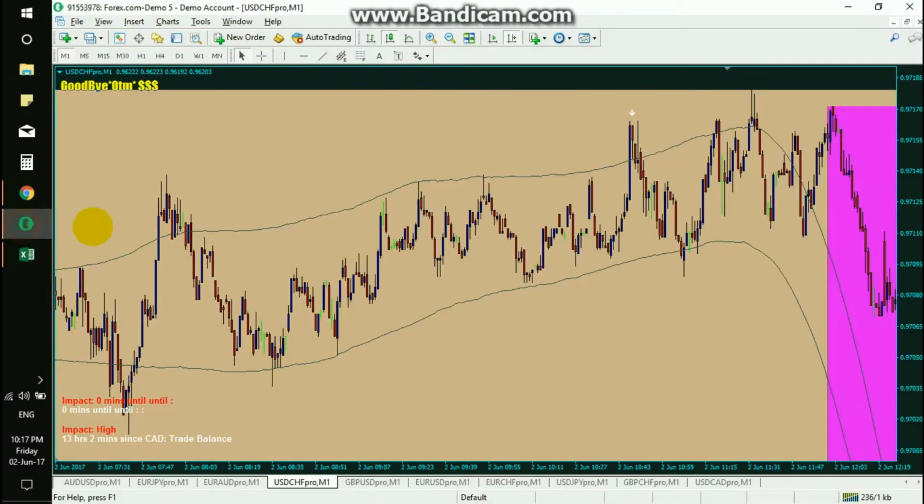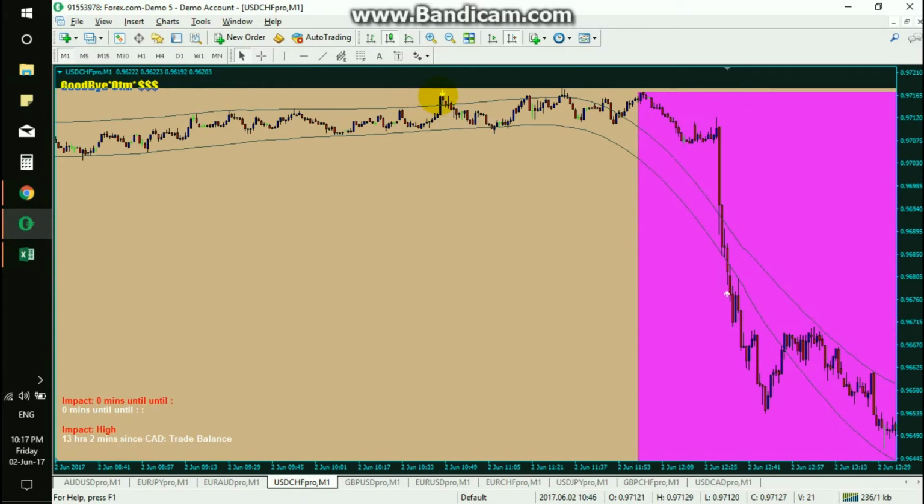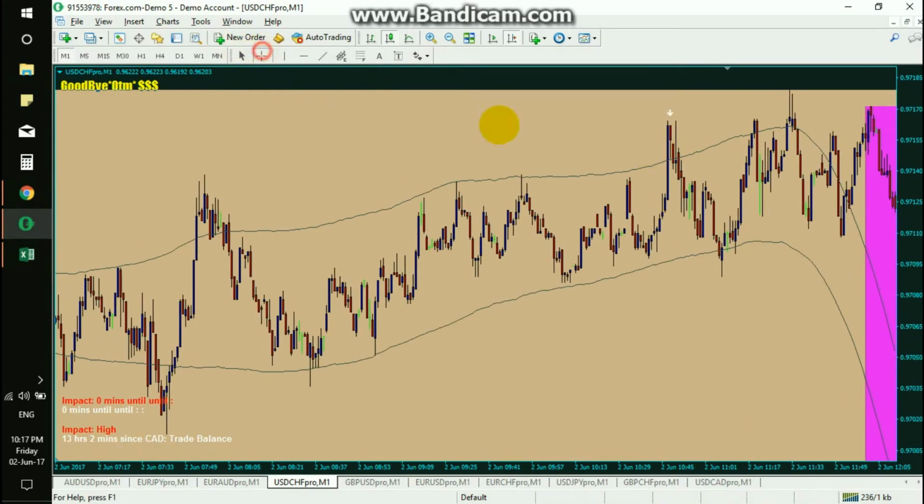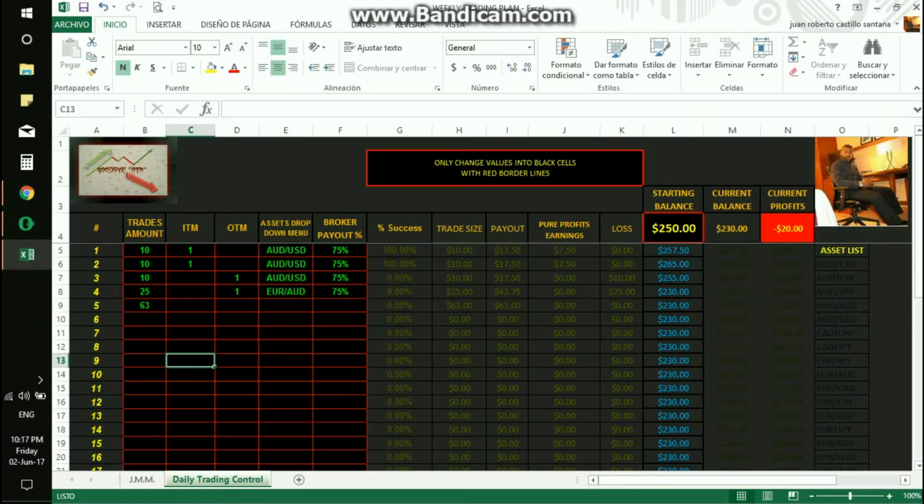Go to the chart and check where this amazing signal is going to take us. For example, beautiful, the sound alert, arrows outside, candlestick outside, deeply ITM, and this $63 will cover. What asset was that? It was USD CHF with a 75 payout.